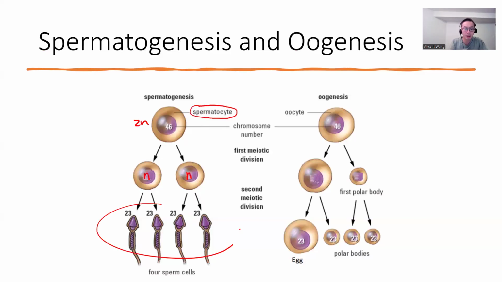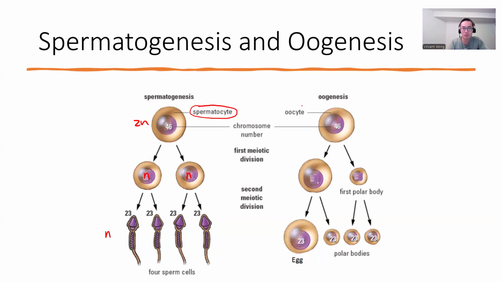And in the end, you have four sperm cells, which are also haploid, one set of chromosomes. Nothing is out of the ordinary. It's basically the same process we have been learning for half an hour, or more than that, actually, more than 45 minutes now, right?